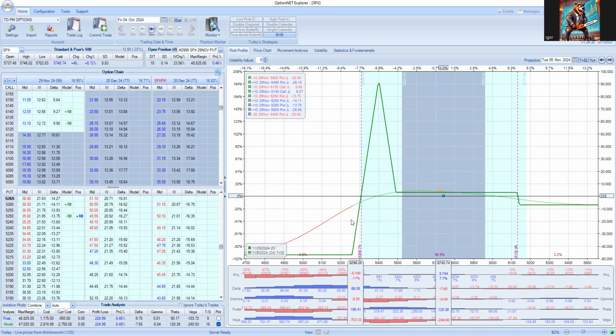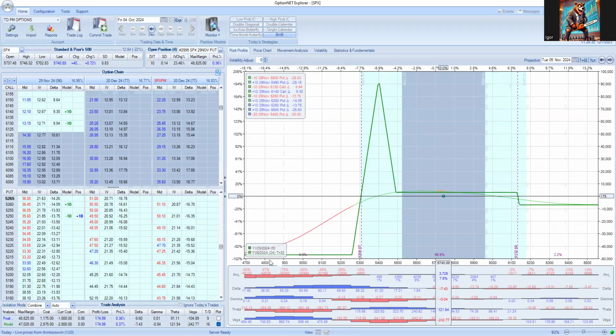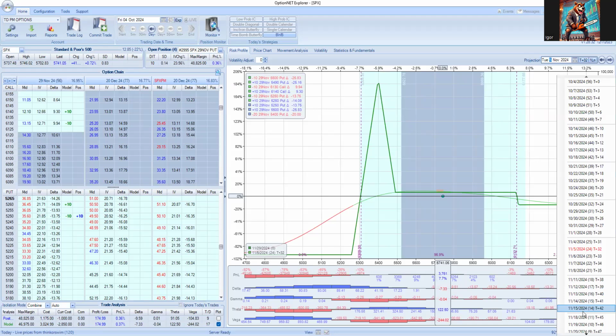Why? Because a new trade will have more than 24 days until expiration, which means that it's going to be a lot more forgiving, right? I don't have to deal with near-term price fluctuations as much as if I was to hold this trade down to the last couple of weeks, right?